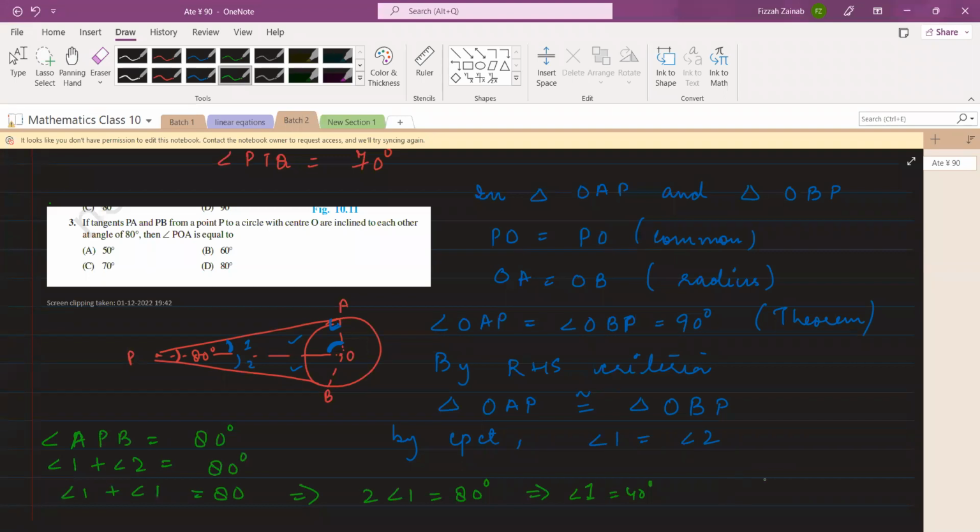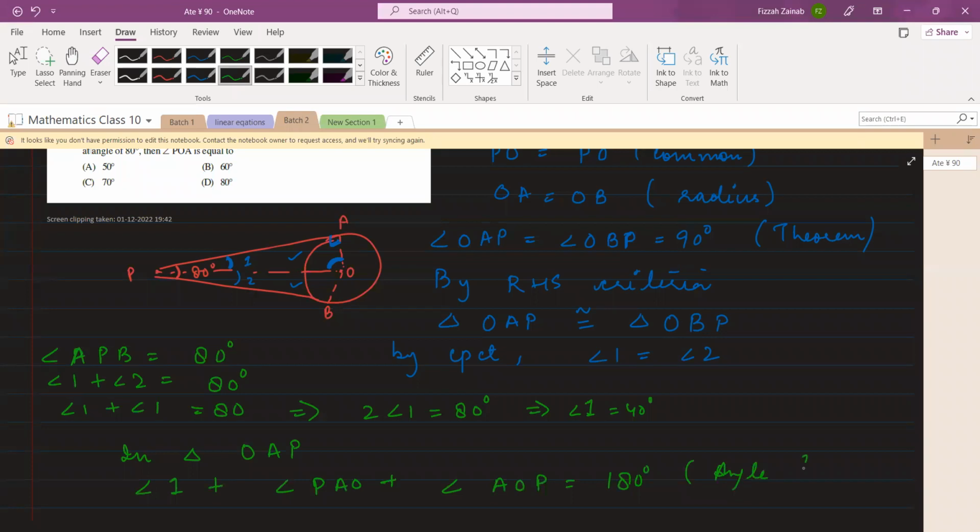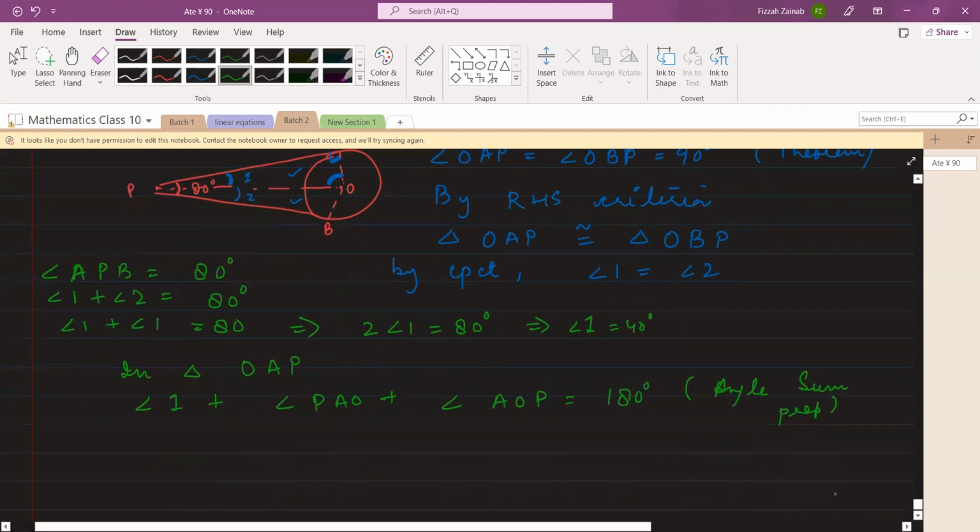So in triangle OAP now, right? Angle 1 plus angle PAO plus angle AOP is 180 degree. Angle sum property. Just put the values now. So angle 1 is 40 degree plus PAO is 90 degree and AOP you have to find.